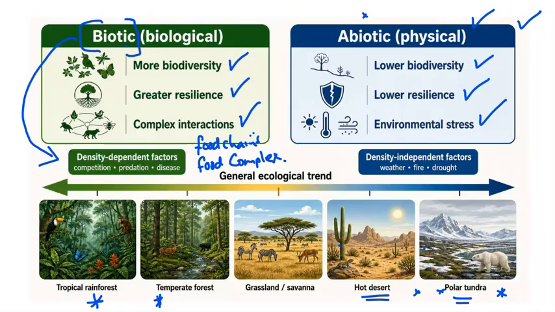But abiotic factors tend to be density independent. And so if there's a winter storm or a flooding, that will affect the population whether it is large or small. So it's not important how big the population of individuals is. The density independent factors, the abiotic factors, still tend to be very disruptive.